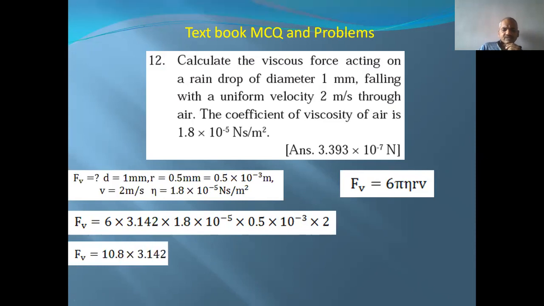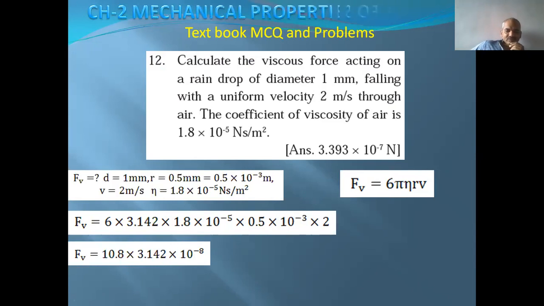To simplify this, we calculate 0.5 into 2, that is 1, and 1.8 into 6, that is 10.8, and 10 raised to 4 minus 5 and 10 raised to minus 3, you get 10 raised to minus 8, means 10.8 into 3.142 into 10 raised to minus 8. From this you get the value of Fv.